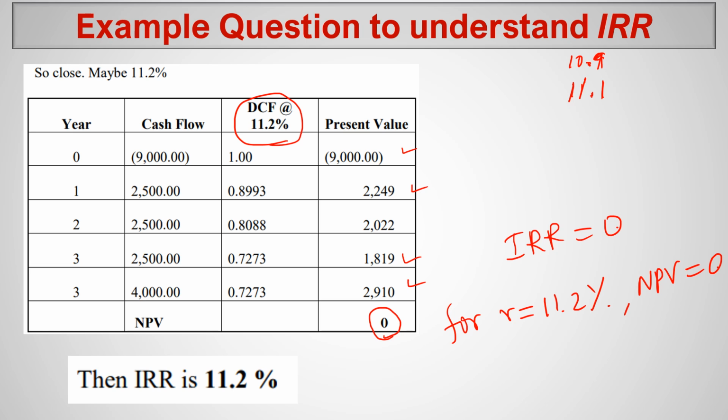So what is the idea here? Why are we doing this? Because for some projects, some countries, we don't know exactly what the discount rate is. What is my message from this? Even if the currency loses value by 11.2 percent, my investment is balanced. I'm not going to lose money, and I'm also not going to gain money.